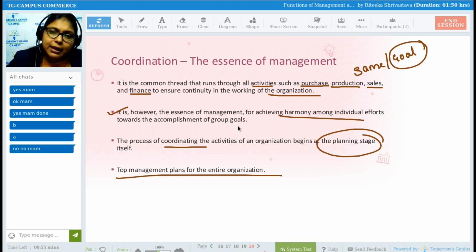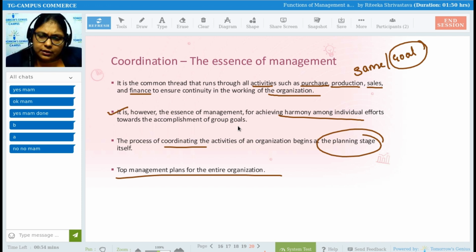Although every department might make its own plans or objectives, and departmental wise there can be different goals, for the entire organization there is always one common goal towards which each and every department is working. And who makes this objective? Top management makes this objective for the entire organization.